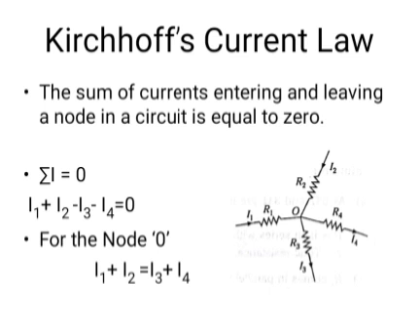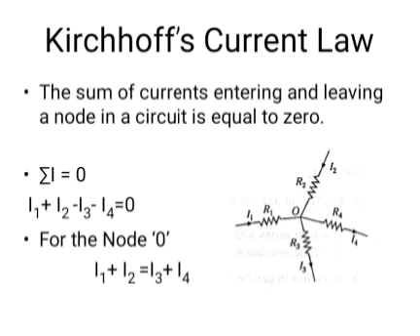The currents flowing towards the junction are taken as positive. That means I1 and I2 are flowing towards the junction, so I1 plus I2. Those currents flowing away from the junction are taken as negative.